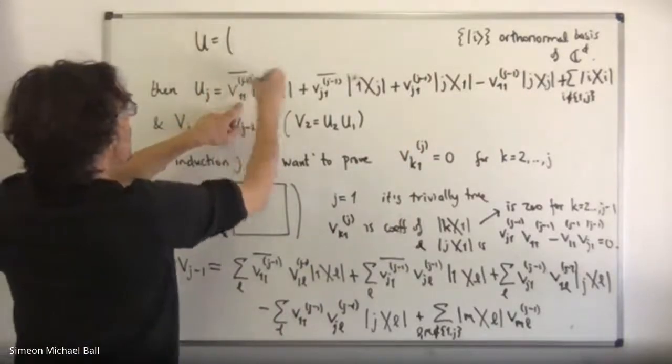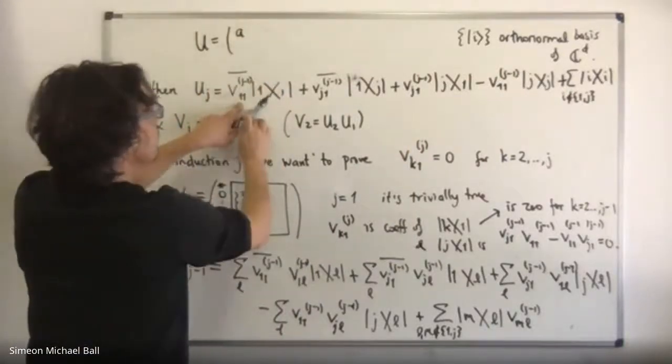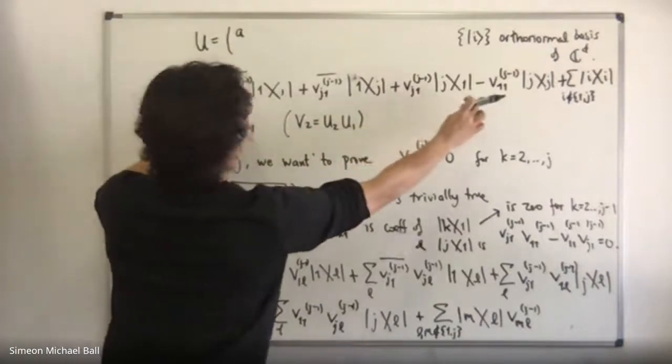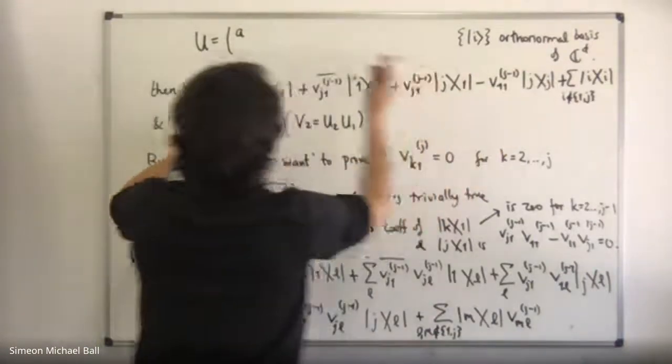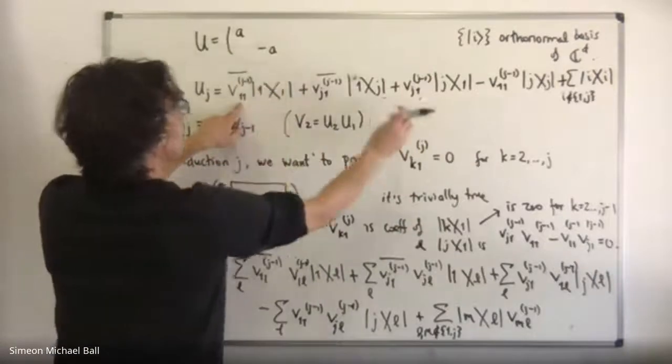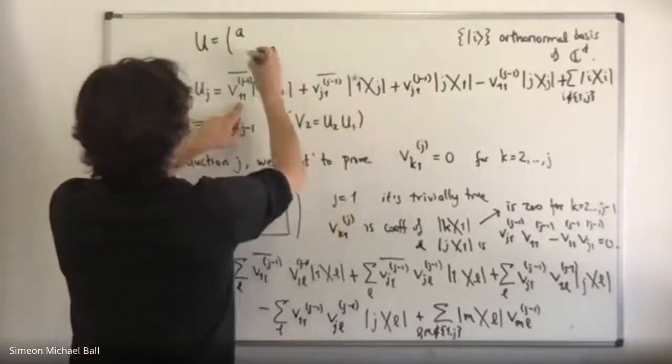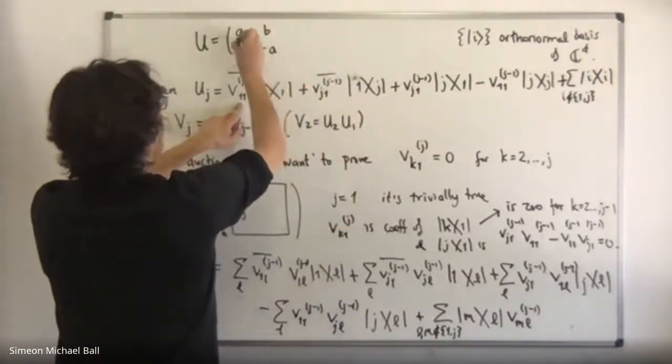U is a 1, 1. The JJ term is minus that thing, and then you get a B and a B bar.